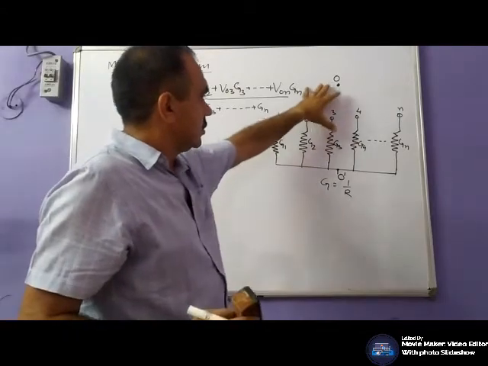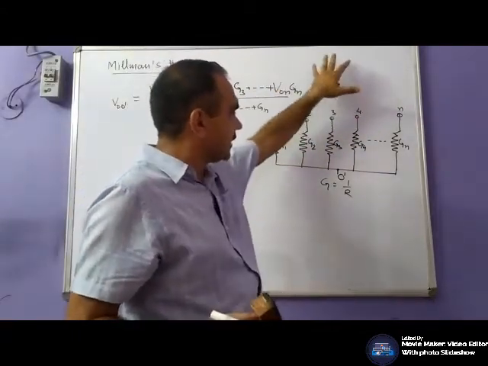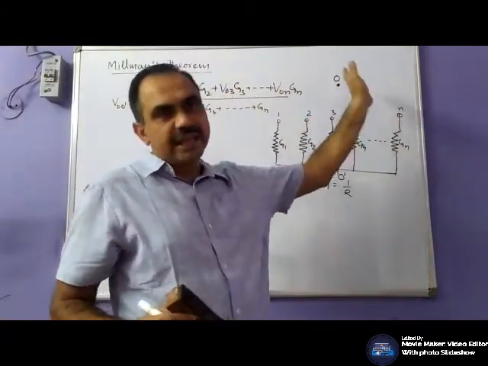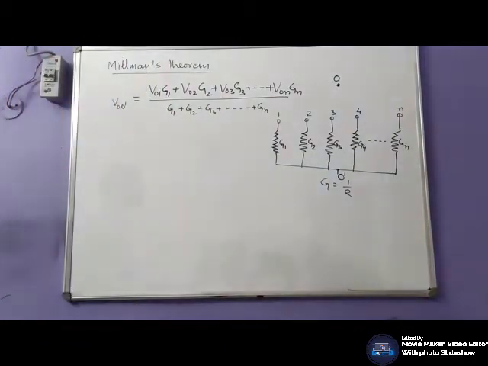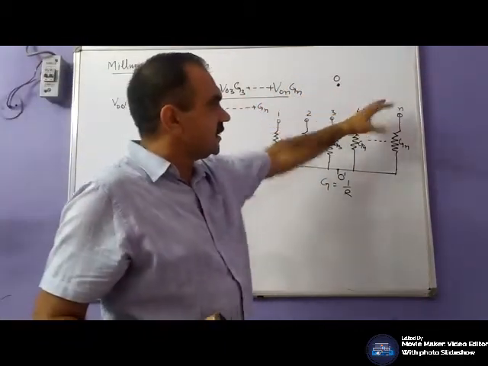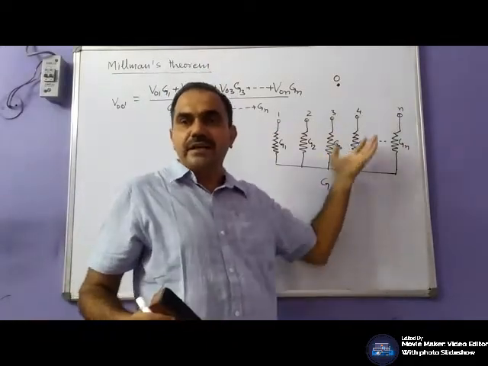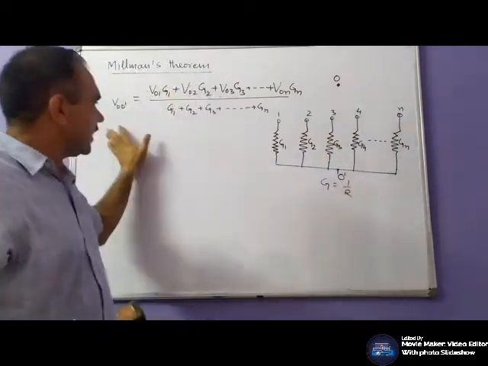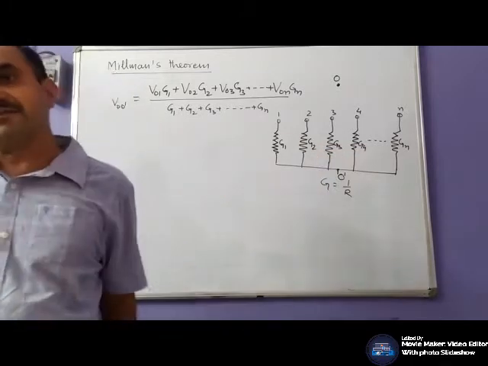Now, because all these branches are connected in parallel, across any branch we can find out the voltage drop. Once you have the voltage drop across a particular branch, if you want to find out current, divide this voltage by the resistance, you will have the value.